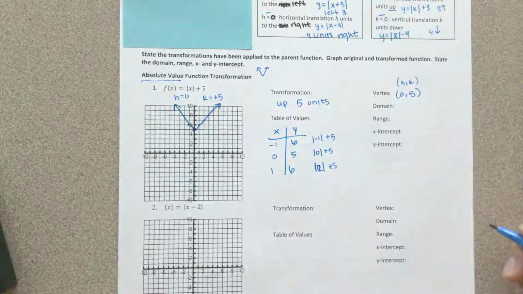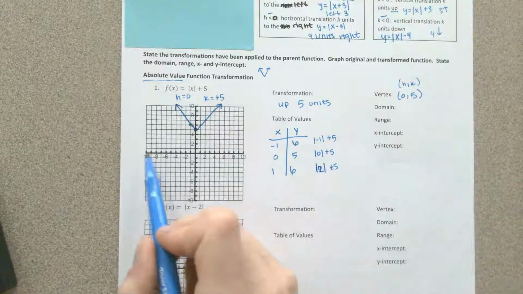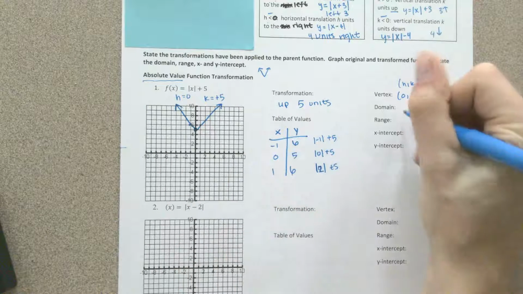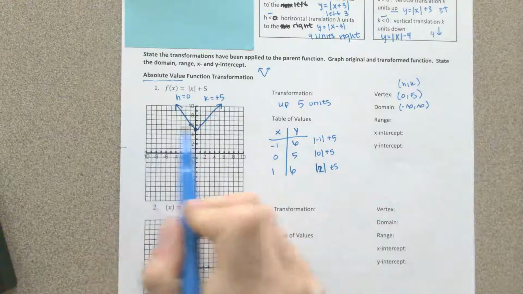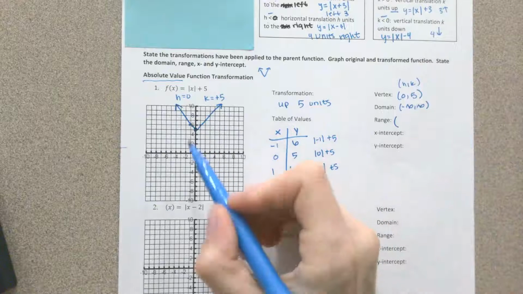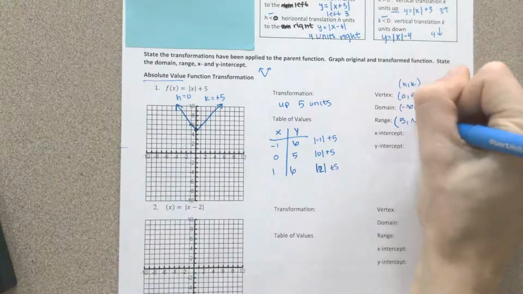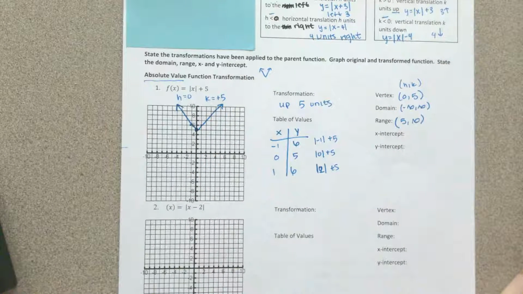Okay, our domain in this function, moving left to right, our x values are going to be negative infinity to positive infinity. It's going to touch all of the x values because these are going left and right. Our range goes from our lowest y value, which in this case is positive 5, all the way to infinity because they're going up.